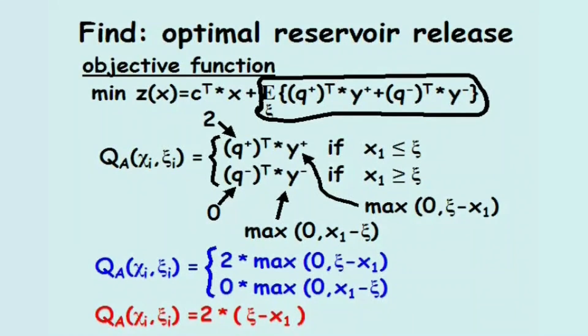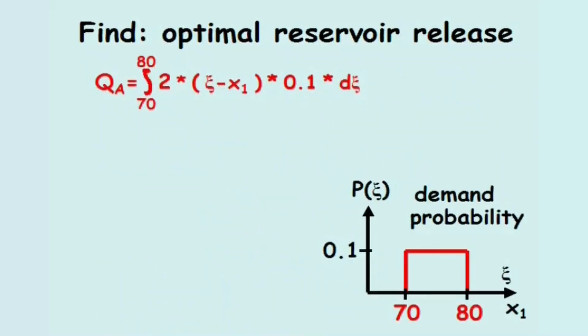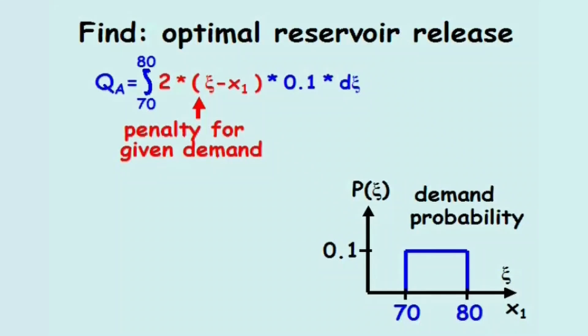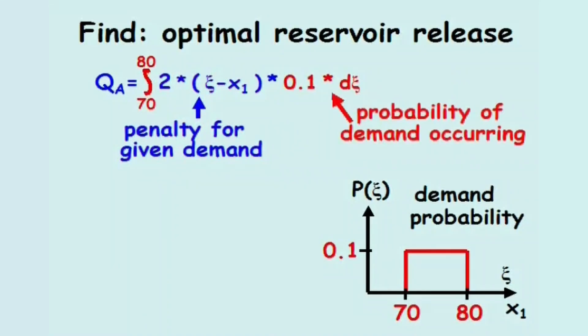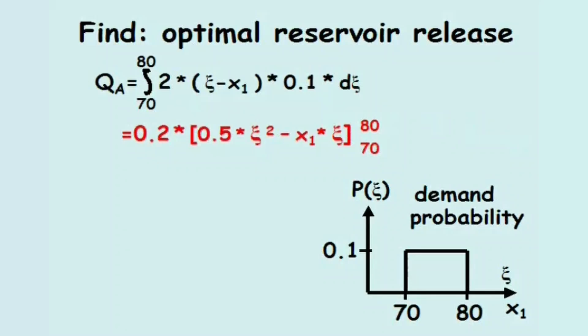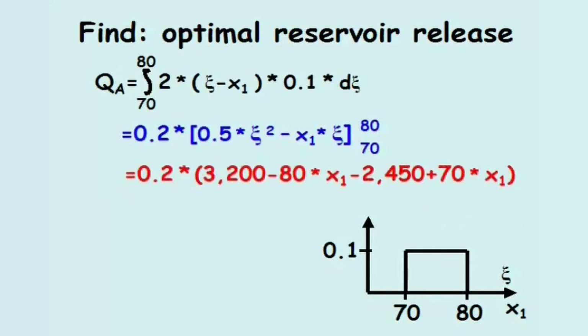Since the demand is defined by the distribution between 70 and 80 units, the penalty for region A is the integral of the product of the penalty for a given demand times the probability of that demand occurring. After a few steps of calculus, we compute the penalty to be 150 minus 2 times x1.